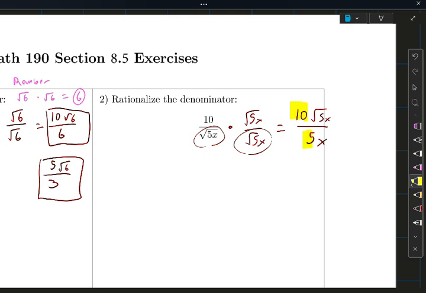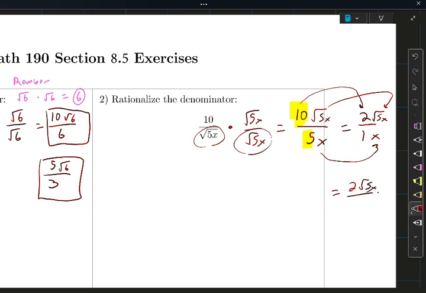We have 10 over 5, which reduces to 2 over 1. Root 5x is still there, and regular old x is still over there. Of course, you don't need that 1, so that simplifies to 2 root 5x over x.